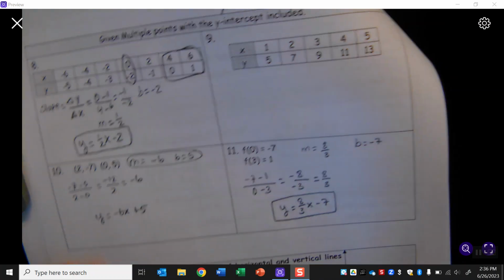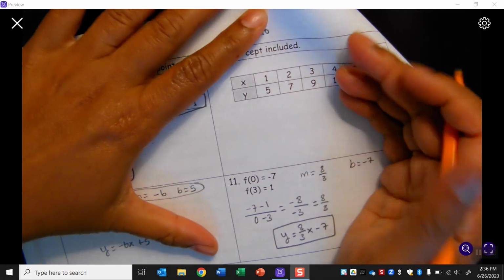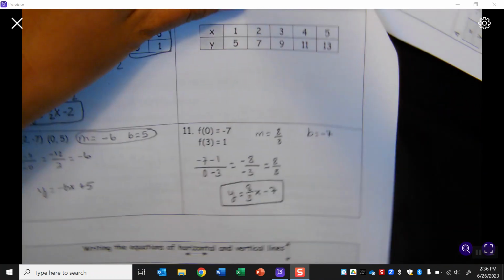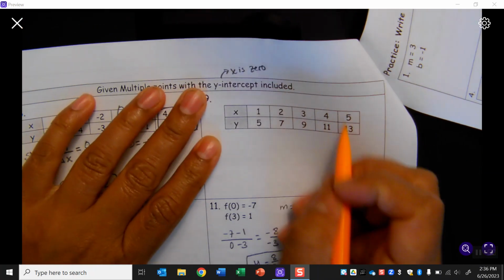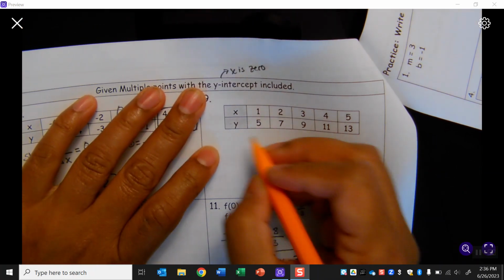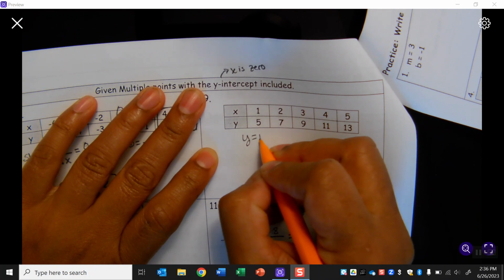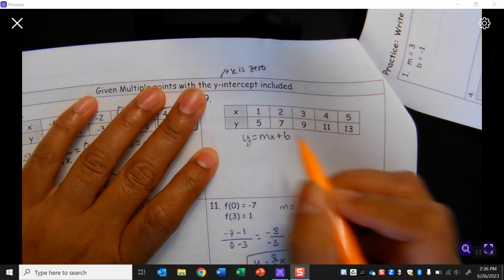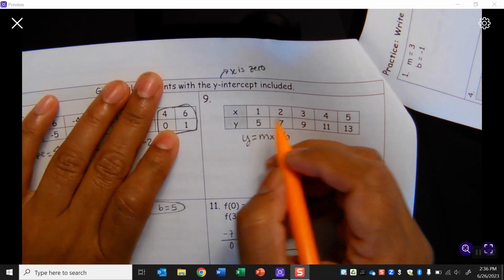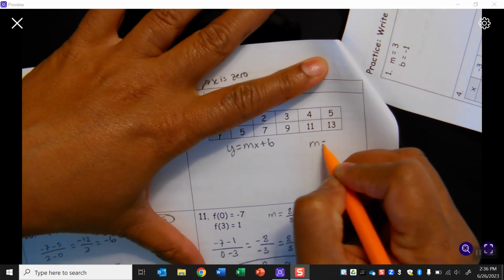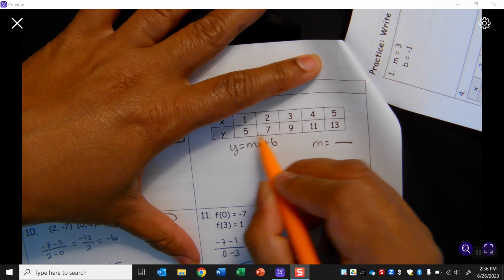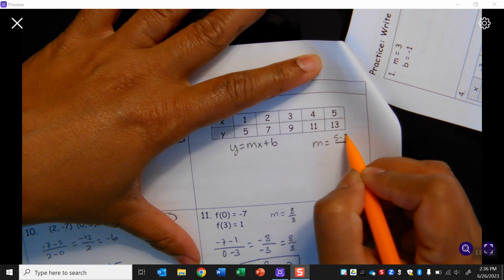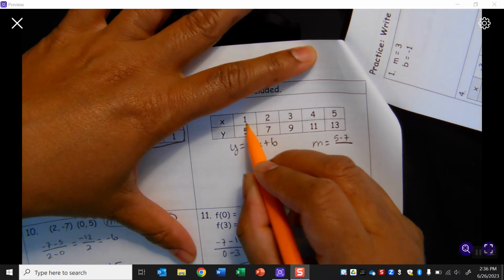All right, so back to this problem right here. We'll see some of these problems a little later, but I'll go ahead and show you this quickly. So how do I write the slope-intercept form for this? So let me start by writing y equals mx plus b. I know what the slope is. I know that the slope is change in y, so 5 minus 7, over change in x, 1 minus 2.